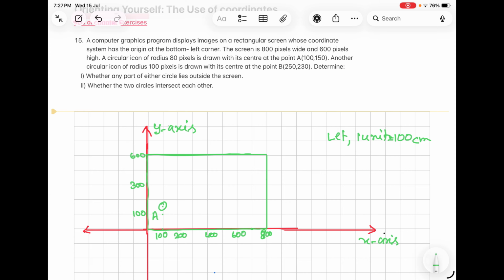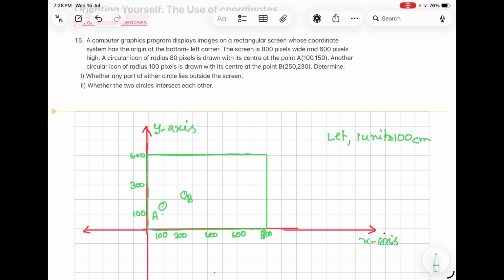So here is A. Another circular icon of radius 100 pixel is drawn with the center at the point B. Now you have to plot point B whose coordinates are 250 and 230. 250 on the x-axis, this is the x coordinate, and 230 the y coordinate. 100, 200, 230 is here. So this is B.